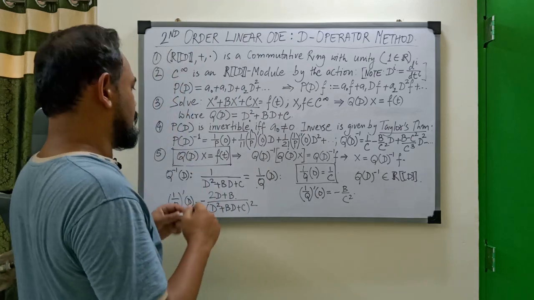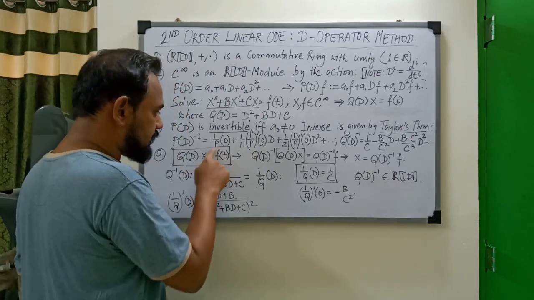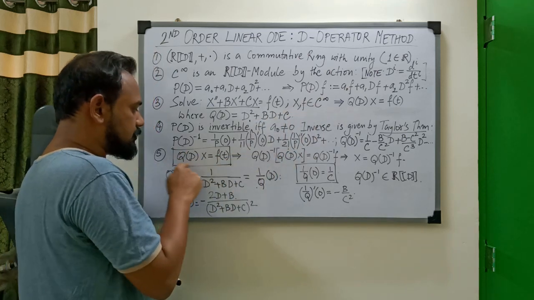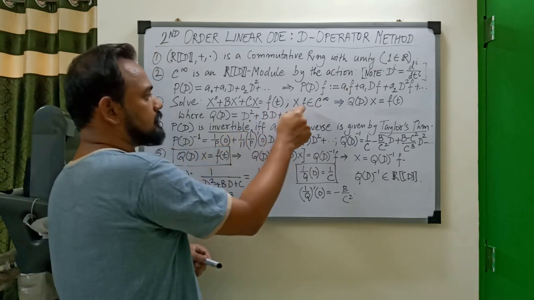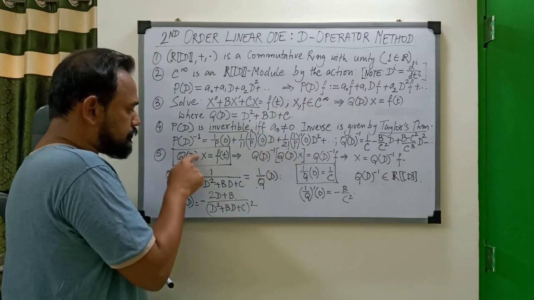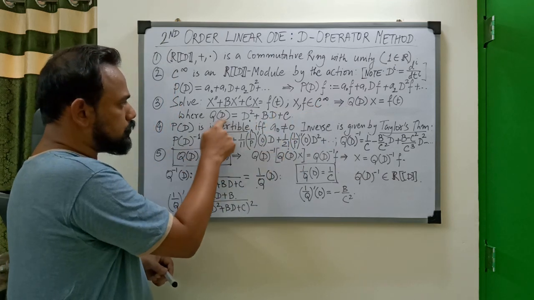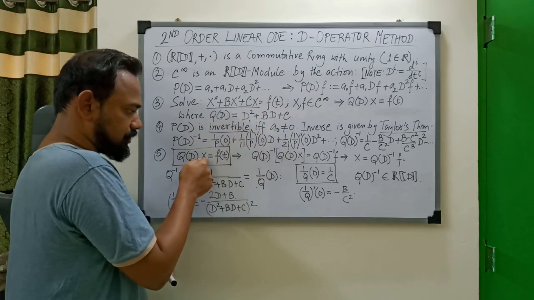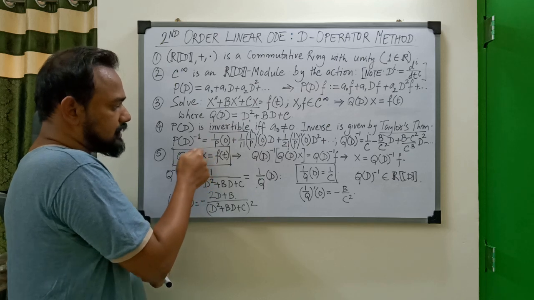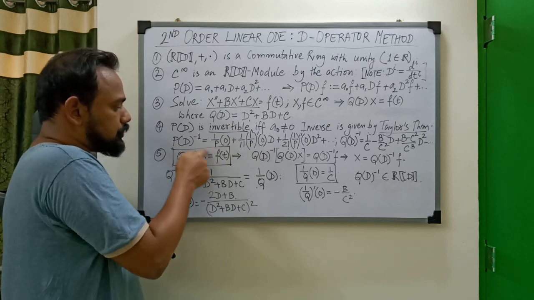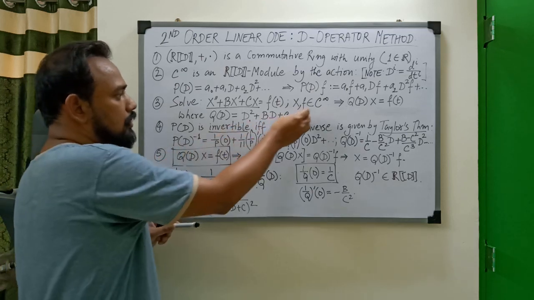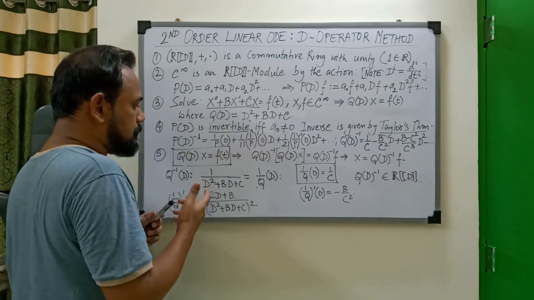This F here is a function from C infinity. The left-hand side also remains a function from C infinity, because you're only differentiating. QD is really differentiation of X, at most 2 times. But since X is differentiable infinitely many times, even after a couple of differentiations, this left-hand side remains differentiable infinitely many times.